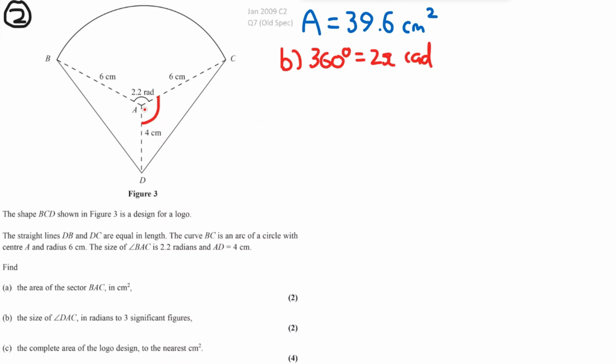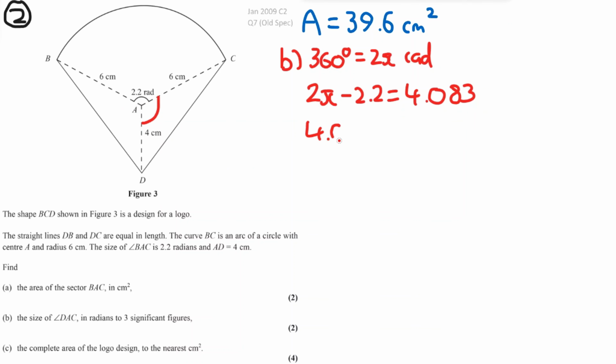So what we can do to get the length of these two angles here, we're going to do 2 pi minus 2.2, and if you put this into a calculator, this is equal to 4.083. So therefore this angle and this angle added together is going to be the remaining 4.083, and as we know that these two angles are the same, therefore we're just going to divide this by 2.